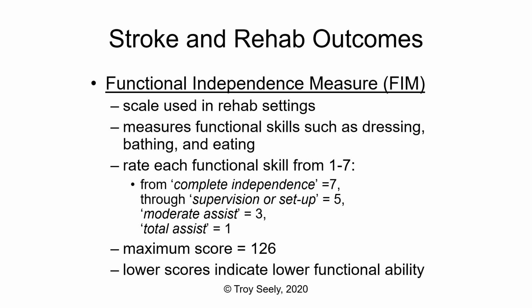If you need supervision, it's a 5. Moderate assist from someone else, 3. And finally, if you need total assistance from someone else, that would be 1. So a maximum score is 126 across these various tasks. And it makes sense that the lower the score is indicative of a lower functional ability.